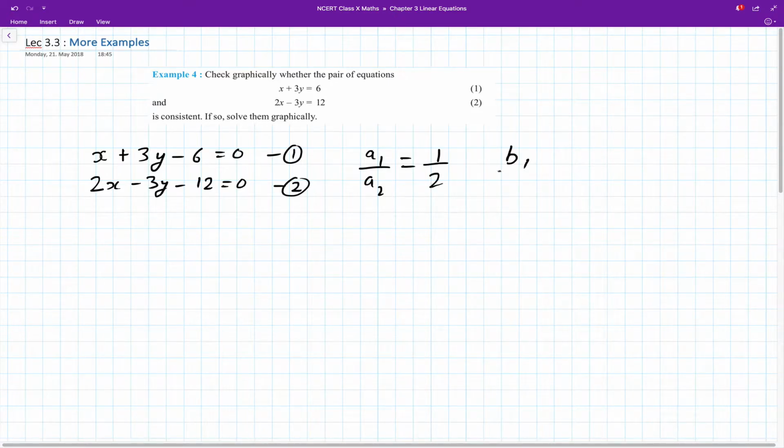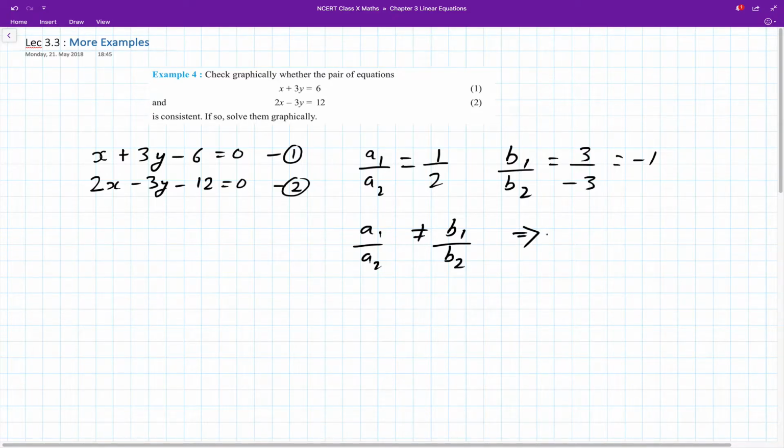What do we have? b1 by b2 is 3 by minus 3, which is equal to minus 1. Therefore, we have a1 by a2 is not equal to b1 by b2. So we can immediately conclude from this that the lines will be intersecting and there will be one solution for it.